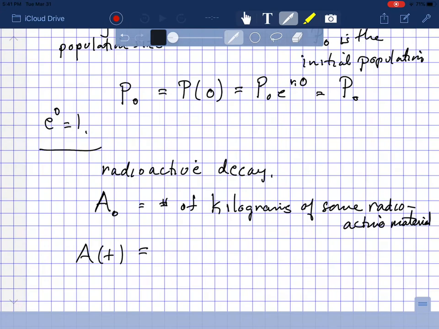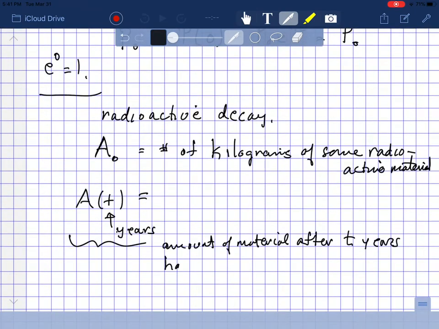And what we find is the amount of material after, let's say, t years. So we'll measure the time in years again. So this is the amount of material after t years have elapsed. This is actually equal to the initial amount of material, A sub naught, times e to the minus r t power.